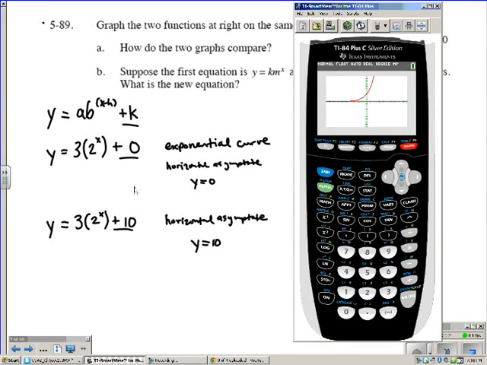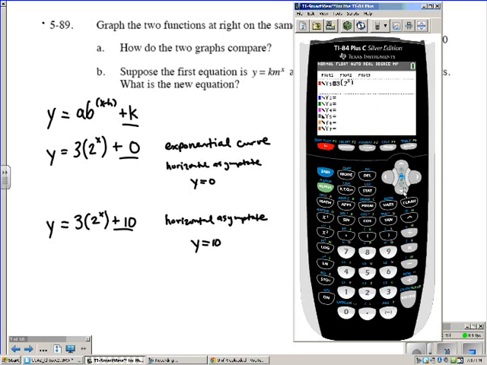Now, with the next one, I'm guessing that it's going to raise it up 10 units, so I'm going to adjust my window. I'm going to increase my y max so that I can see if I'm correct. I'm going to make my y max 20.